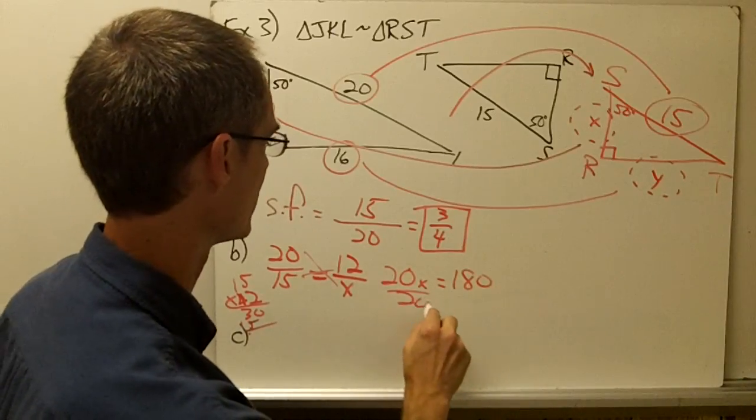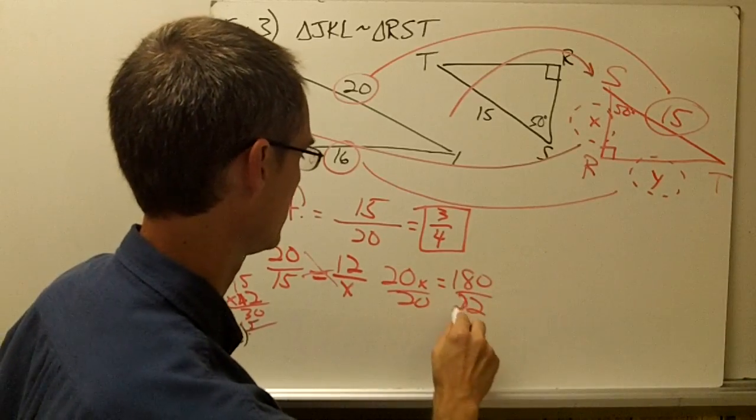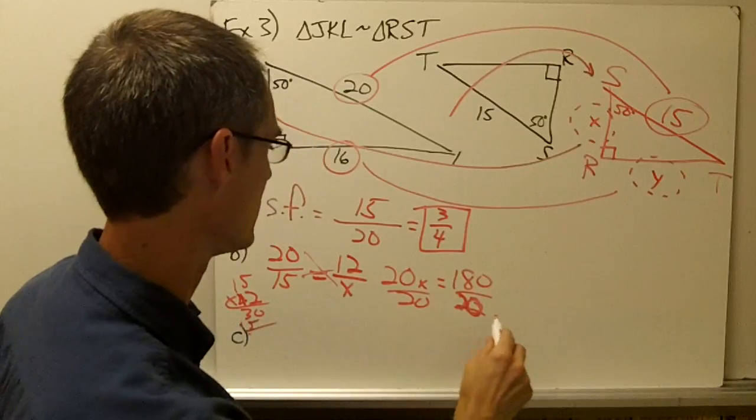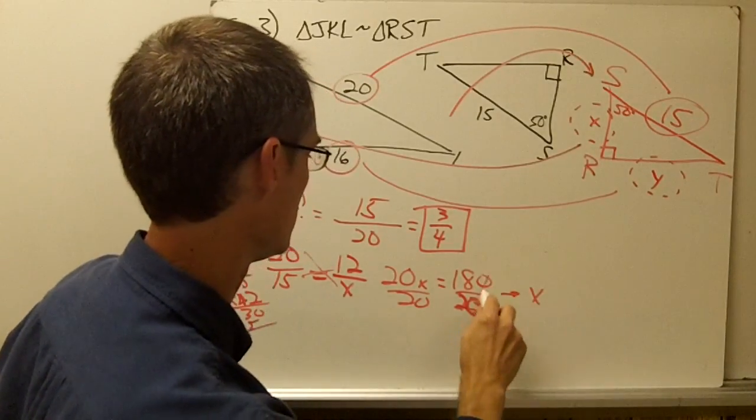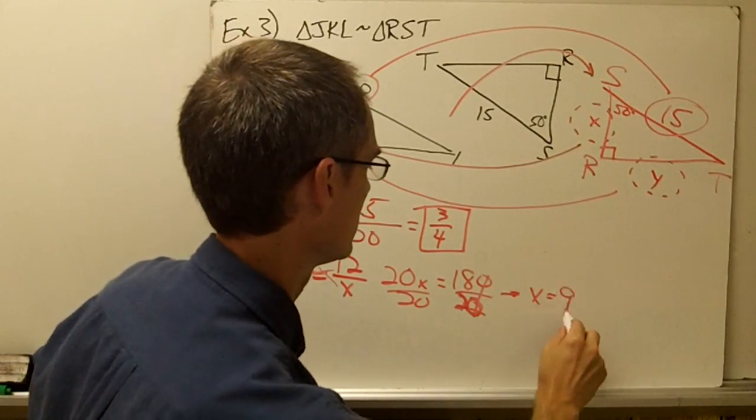If I divide both sides by 20, I get X equals 9.